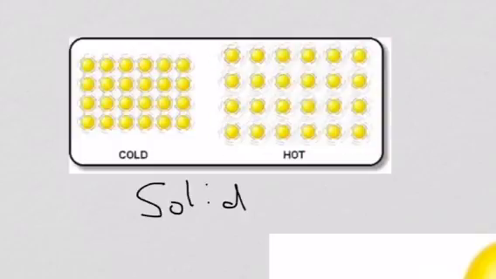So again, what we're talking about is when something is cold, its volume is smaller. When it is hot, its volume is bigger. And then, on the same instance, when it's cold, its density goes up. And when it is hot, its density goes down.